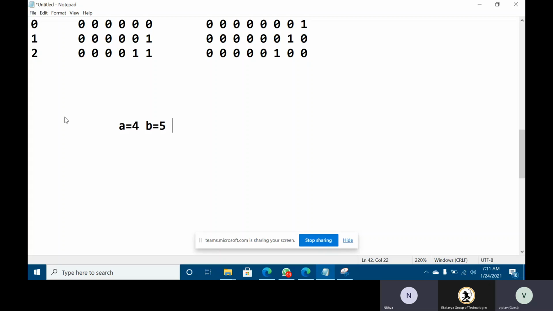So it is 9. If I add A plus B, that equals 9. Now I want to take the mod of 9 with 7. 7 is a prime number, so we get the output 2. But how do we get it? Let us see.